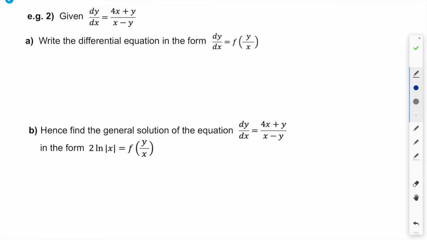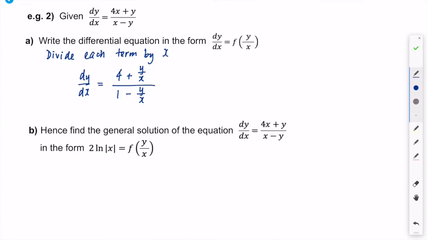In order to brute force y over x into this expression, I know that I must be dividing the terms by x. This gives me dy by dx equal to 4x over x plus y over x, over x over x minus y over x, as required.